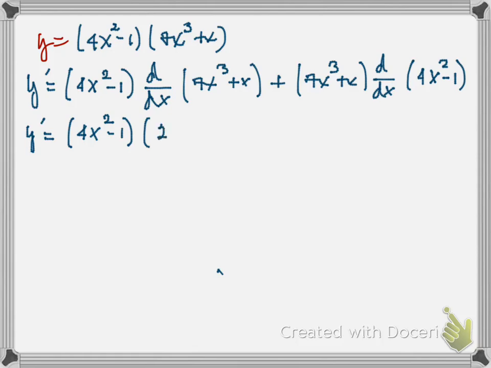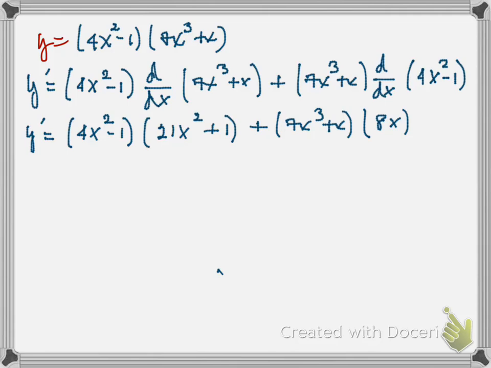You should have 21x squared plus 1 plus, and then you have your term here, 7x cubed plus x. And now go ahead and write the derivative of 4x squared minus 1. That derivative is 8x.